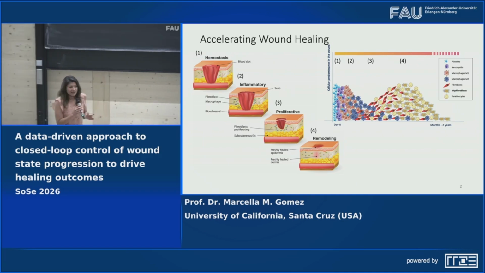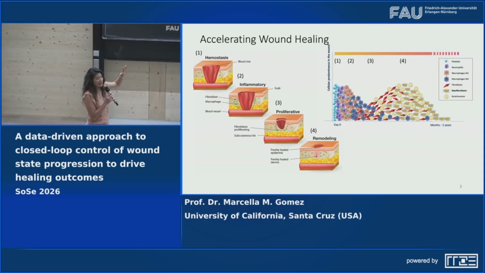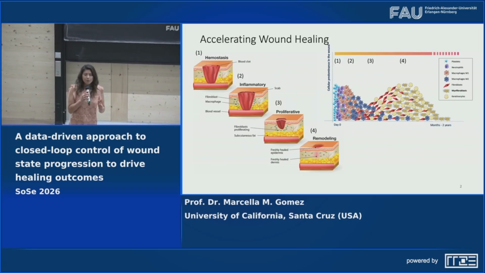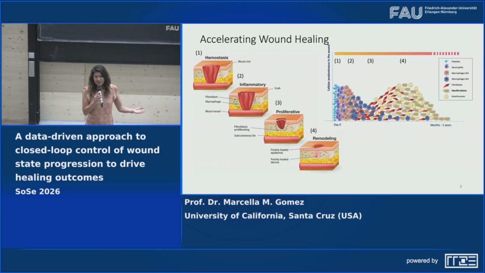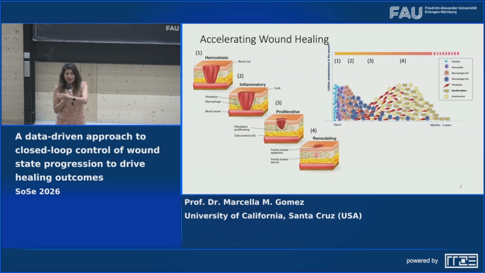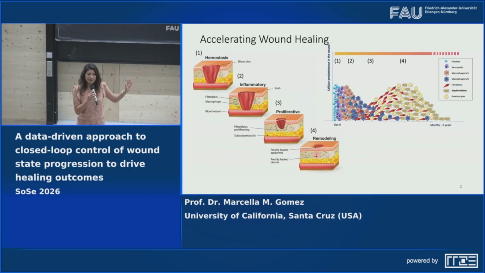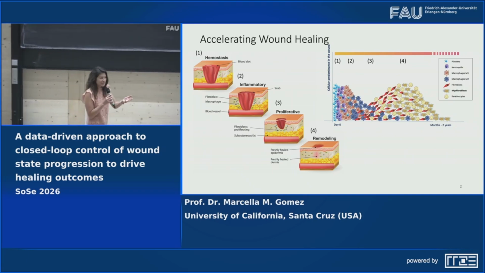For example, in the early stages of wound healing, inflammation is very important. So if you put on a topical medicine that reduces inflammation, you might actually do the opposite of what you want. You might actually cause a delay in the wound closure. So the timing at which you intervene is important, because the mechanism by which the drug or the therapy acts can have a positive effect or an adverse effect.